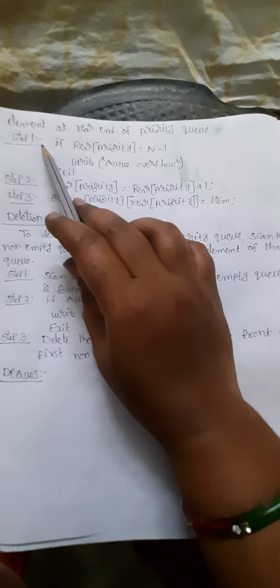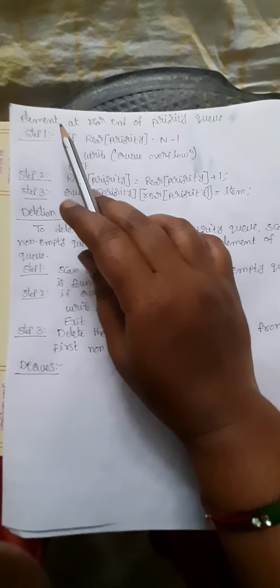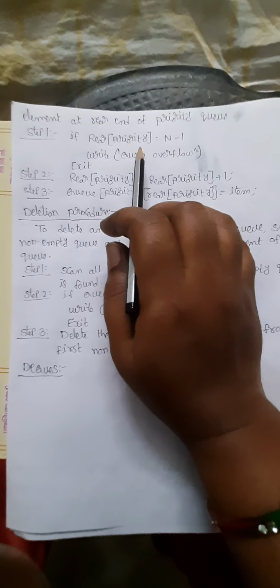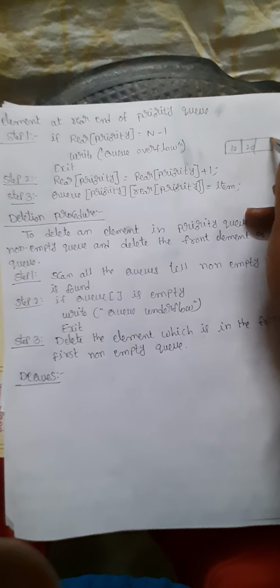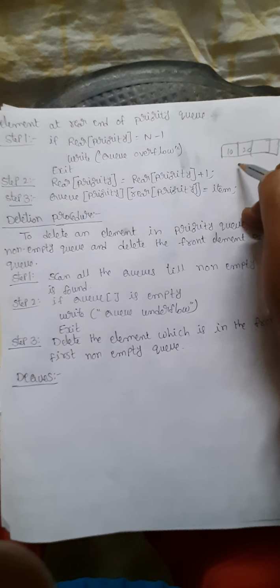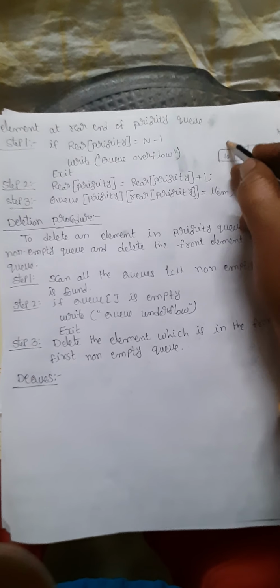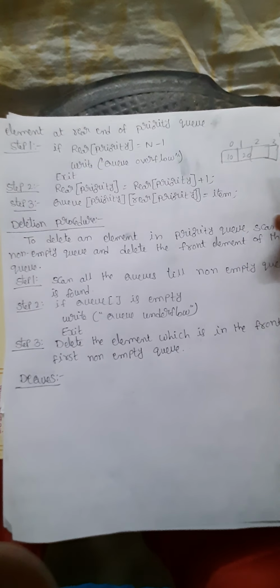See here, see the steps. This is the algorithm and we can call it a procedure. Here, see the first step. If rear of priority equals n minus 1, for example, here it contains 10, 20, and I have inserted only 2 elements and the size is 4.